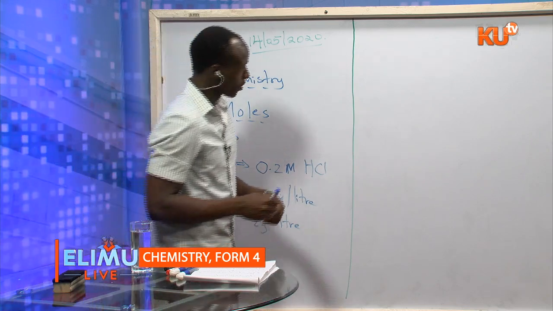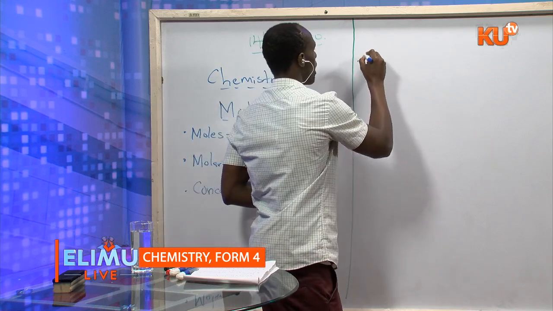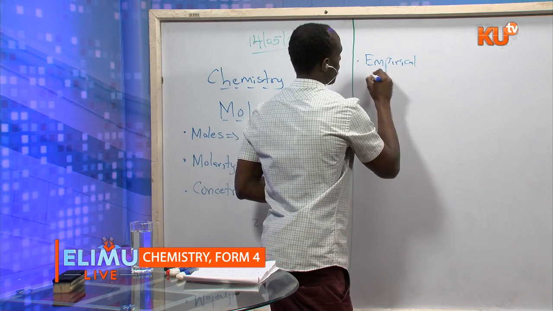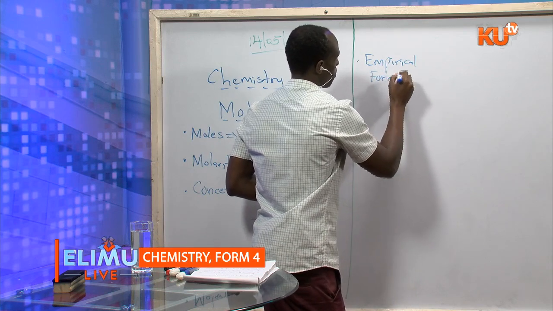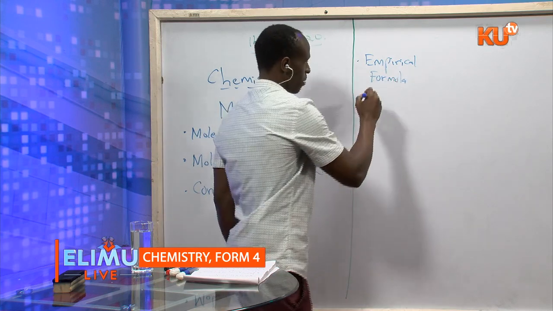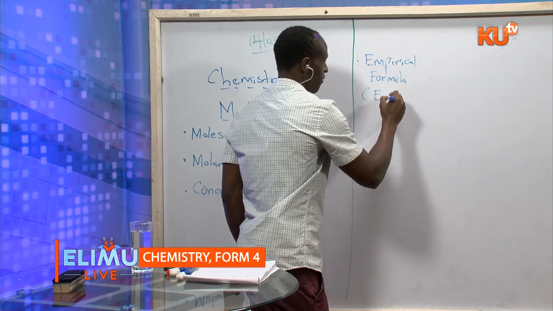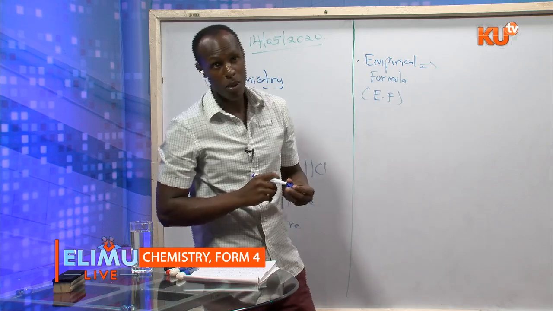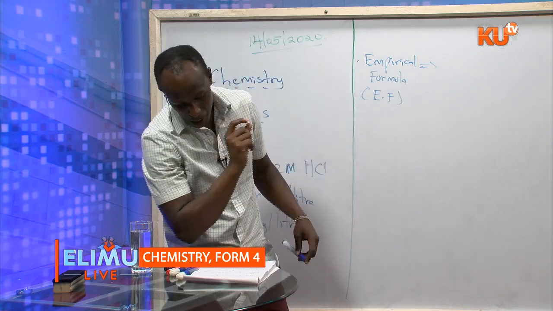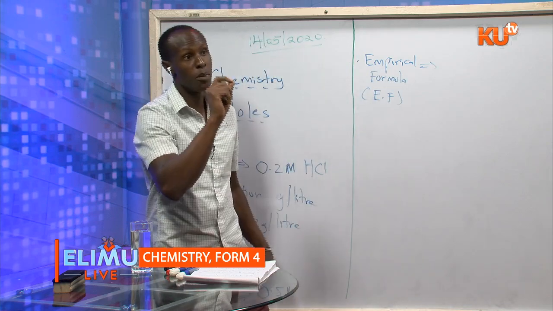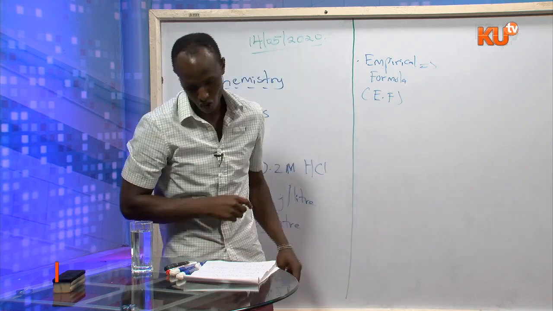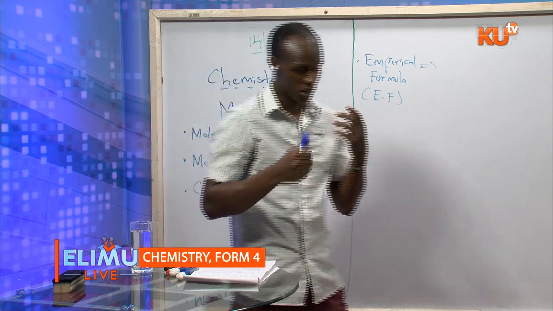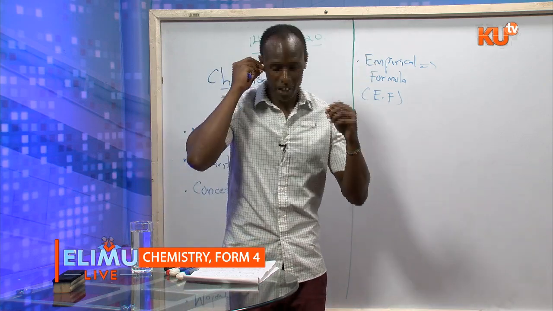The other term to define is empirical formula. Sometimes they indicate it as EF. So empirical formula, it shows the simplest whole number ratio in which atoms combine to form a compound.